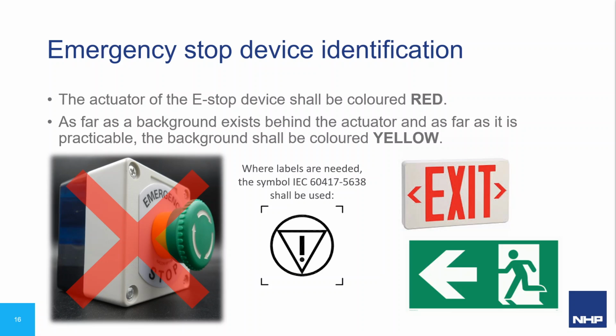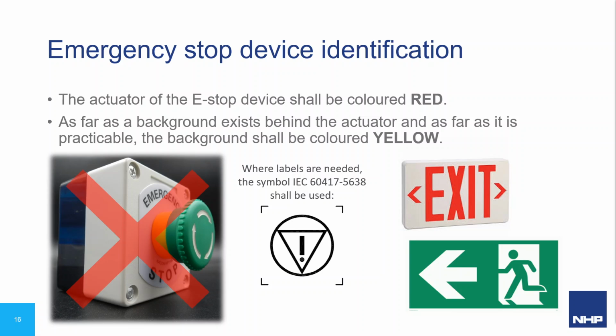In the latest version of AS 4024 Part 1604, there is a new recommendation that neither the actuator nor the background be labelled with text or symbols. This extends to things like labels on the operator itself or labels behind it which might say emergency stop or similar. Instead, it's suggested that the IC symbol shown here is used.